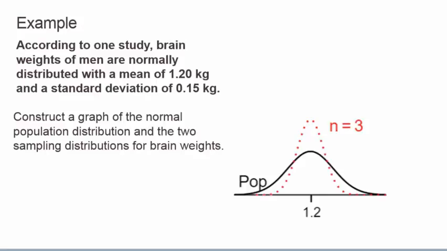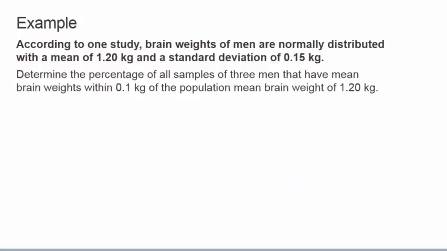Our next curve is the mean of the sample means when n equals 3, the standard deviation of the sample means of 0.0866. Then we draw our last curve where I have a mean of 1.2 and my sample size is 12. The standard deviation of the sample means is 0.0433.